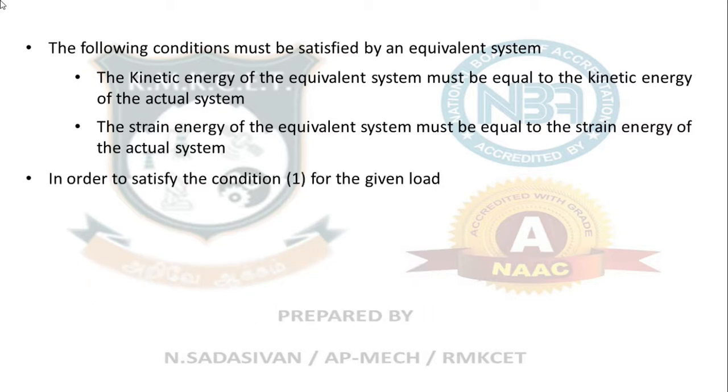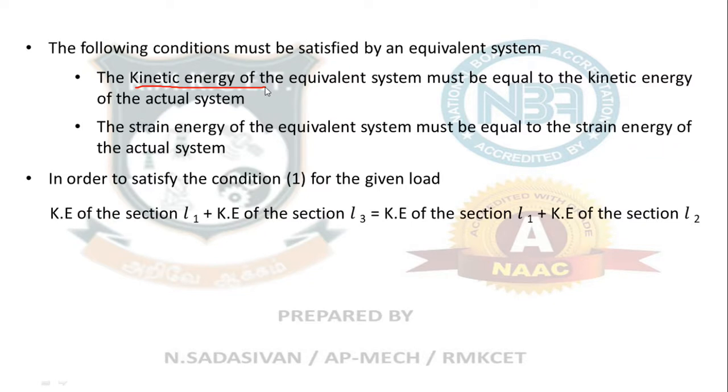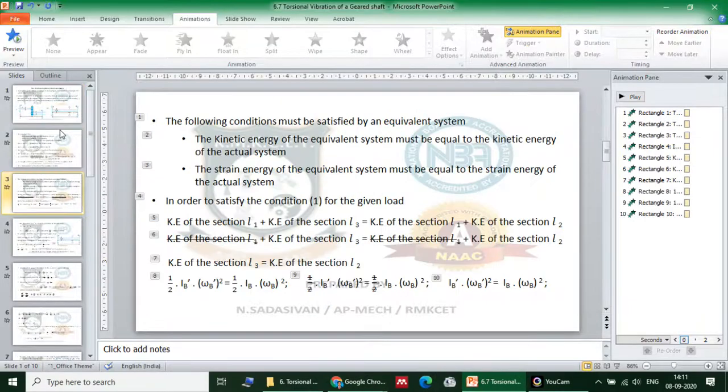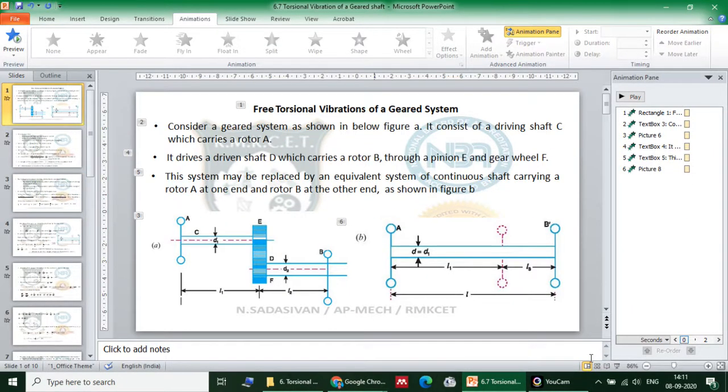In order to satisfy the first condition, the kinetic energy condition, I am going to write some relationship. What was on the left side, the earlier diagram: kinetic energy of section L1 plus kinetic energy of section L2. If you want to understand this, let's go back to the first slide.